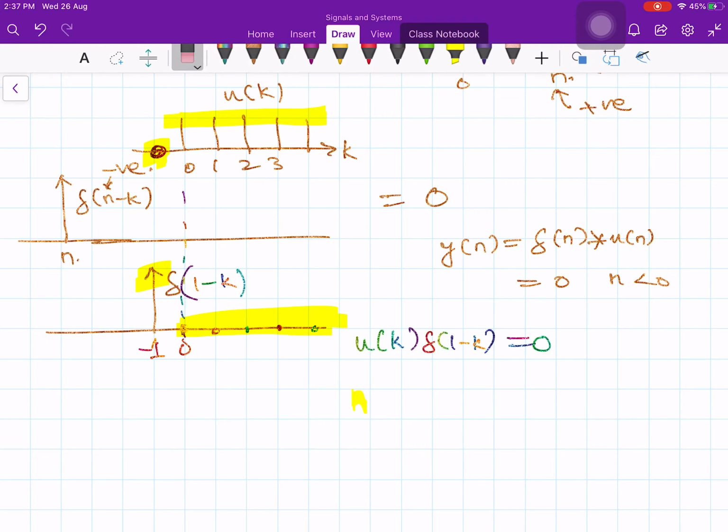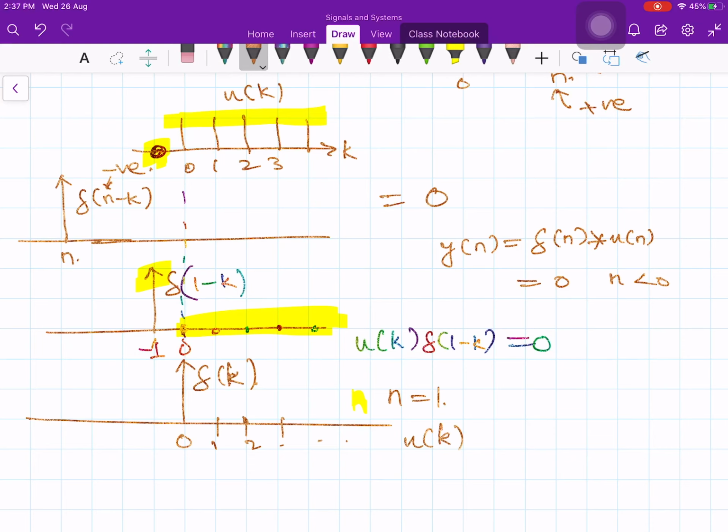Now let us consider n equal to 1, then what happens? Your impulse is exactly sitting at the origin, delta of k. This is 0, 1, 2 and so on. Now what is the output in this case? u of k times delta of k. The output is 1. Why?